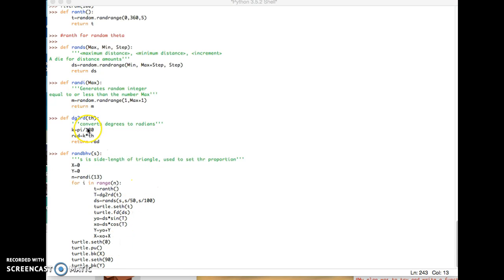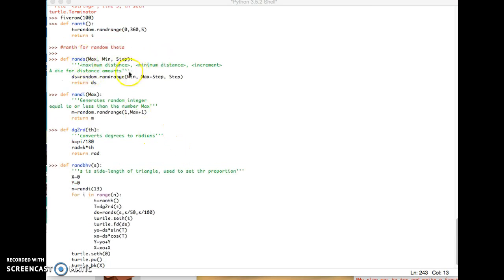Oh, by the way, the S is the same thing as the side length of the triangle that I've used. It's a proportion, to make it proportional. That's why I chose to do it that way. And let's see, rand ds is the maximum distance, minimum distance, and the step. So that's what these parameters here mean.